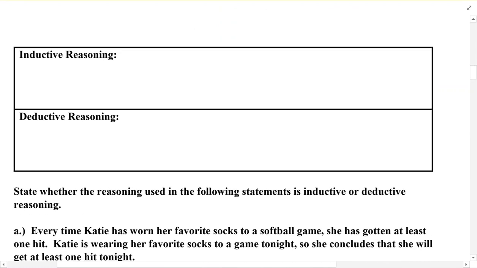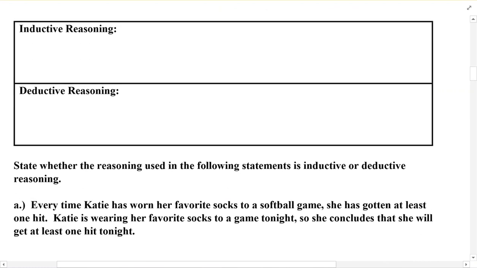We studied inductive reasoning in Chapter 2.1. Inductive reasoning uses patterns, examples, and observations to make a conjecture, or to make a conclusion.